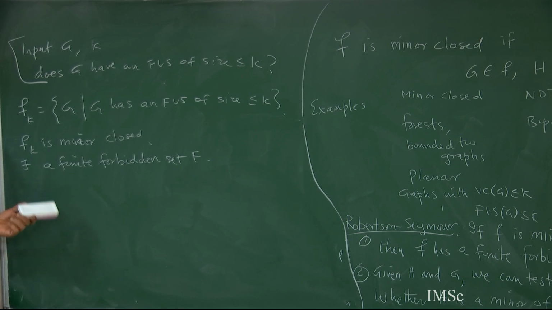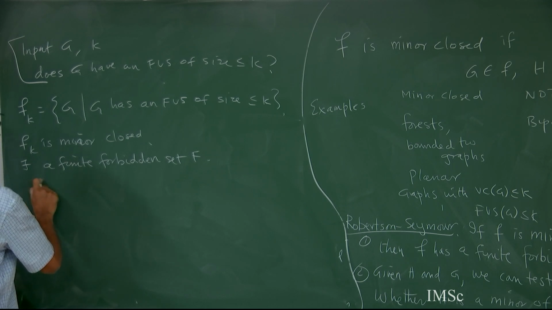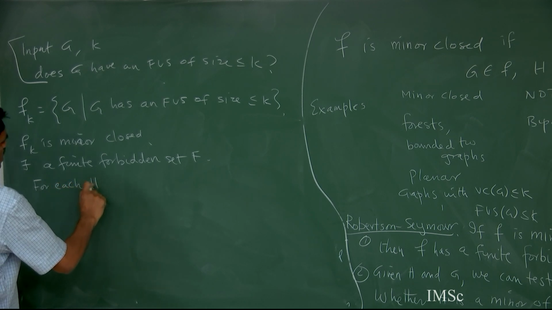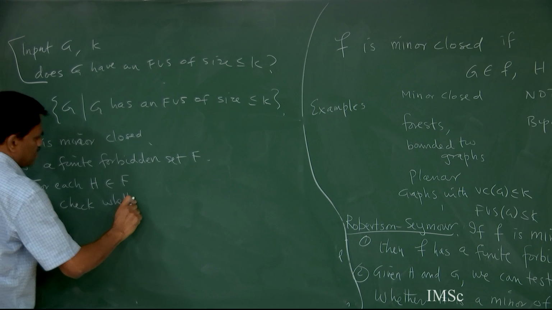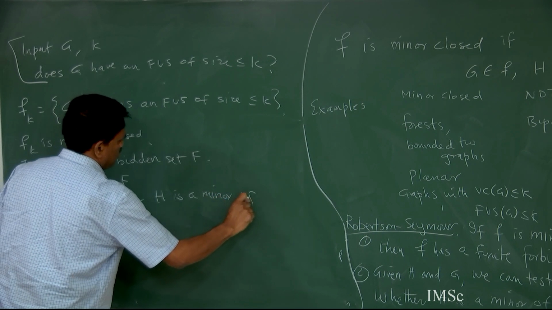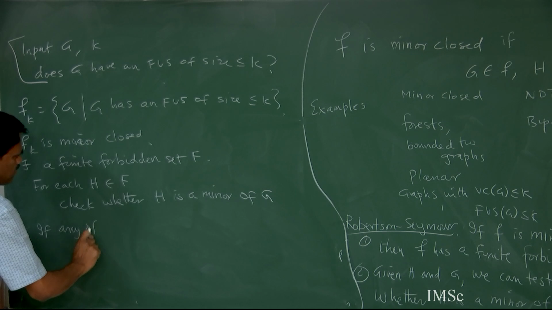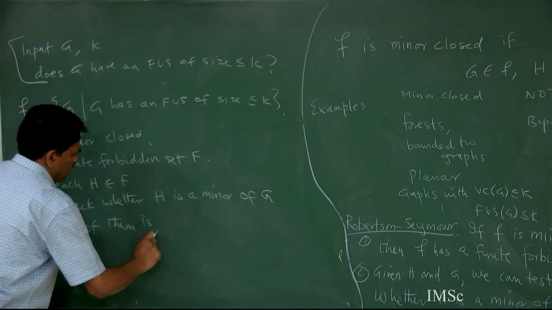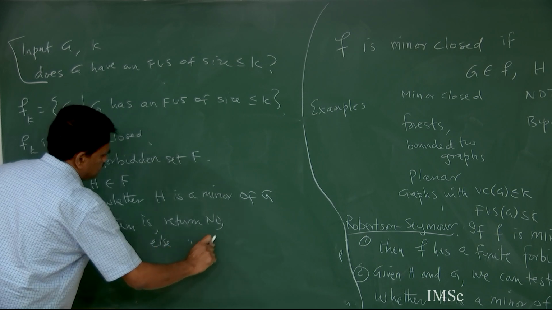Well, take them one by one and check whether each is a minor, and I have an n cubed algorithm for checking whether one H is a minor of G. So for each H in F, check if any of them is a minor, return no, else return yes.